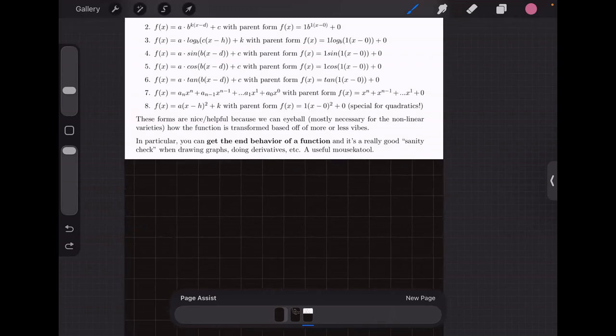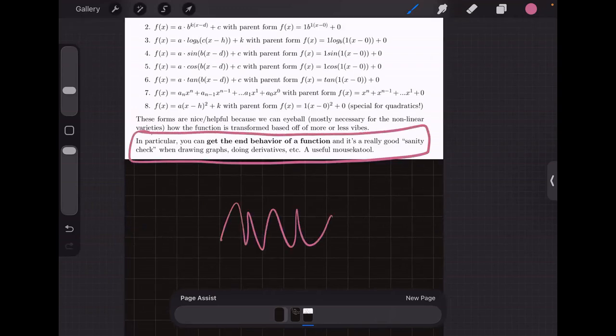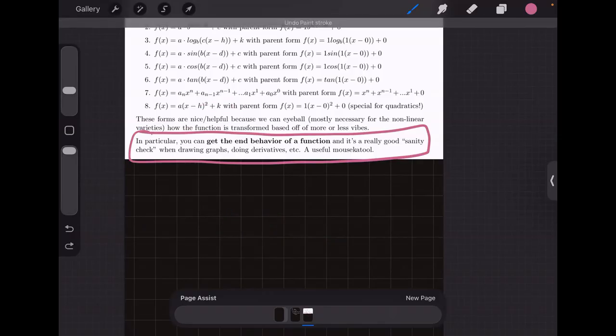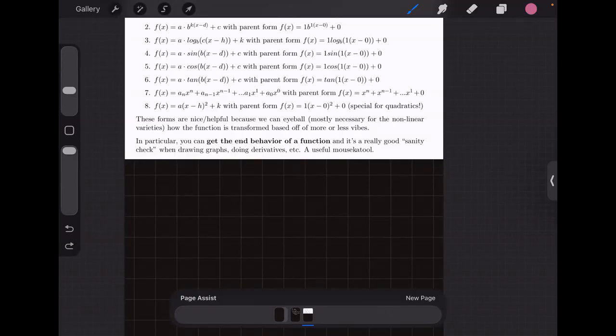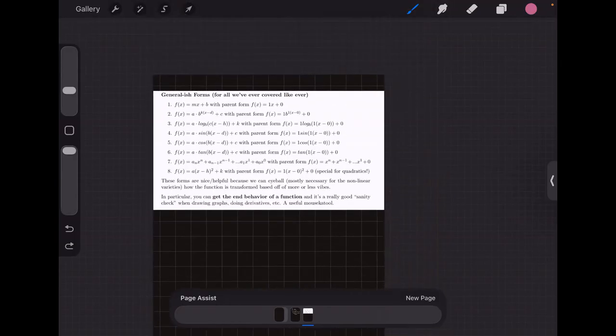If you can eyeball what a function more or less looks like by the ends, as well as some stuff in the middle, especially with the factored form, you can fact check your calculus and you can graph things a lot faster and prevent weird mistakes. All right, cool. Yeah, that's it for this.